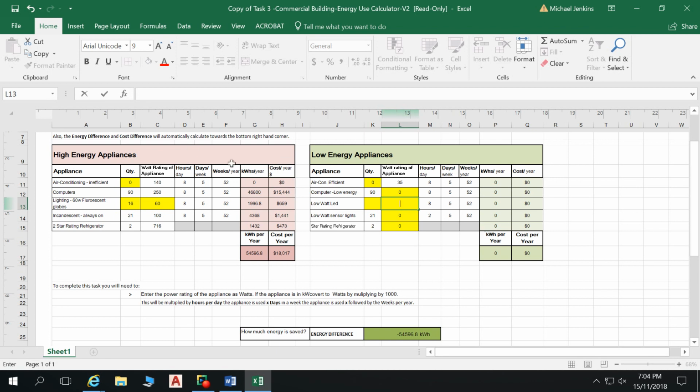But if we get over that hurdle, can anybody tell me what figures we'd be putting in here for our quantity? Given that we've got a watt rating of appliance per square meter of the building. So where was that again? So in the Excel spreadsheet for the air conditioning.